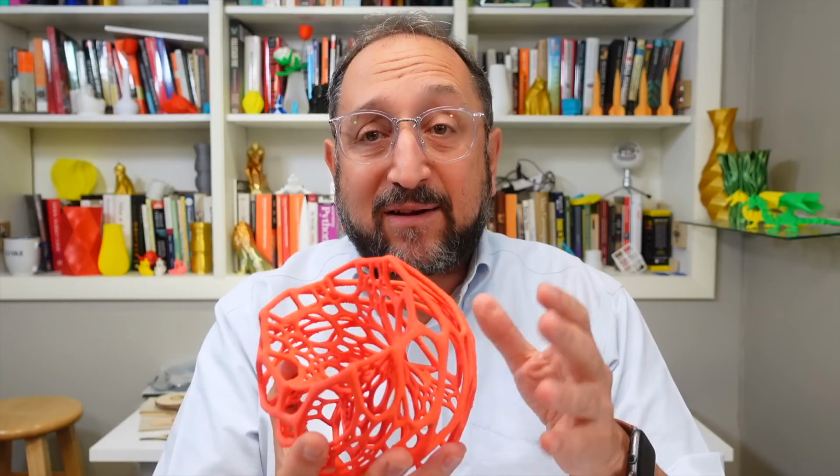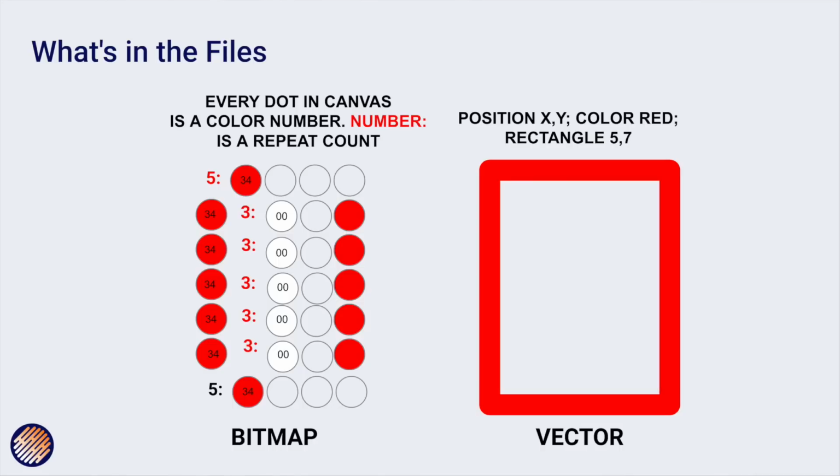But they don't represent everything as well. A photograph where you need a lot of dots and very fine color gradations are better represented as bitmaps than as vectors. A three-dimensional object that you want to recreate later is better represented as a vector. Now, how are these actually saved to that disk in your computer, to that USB key, to that SD card?